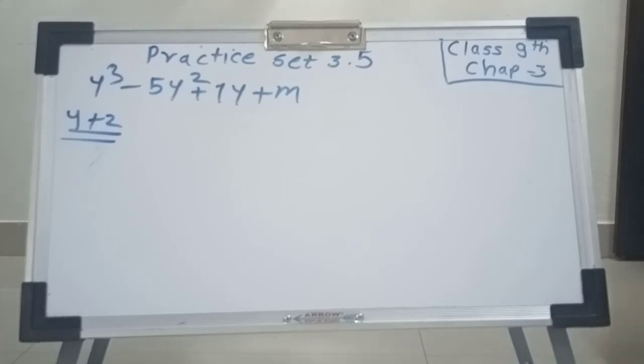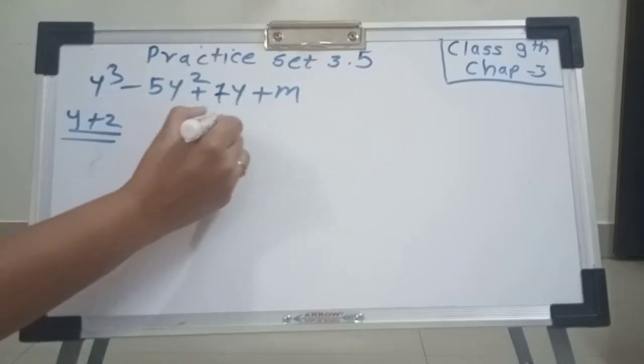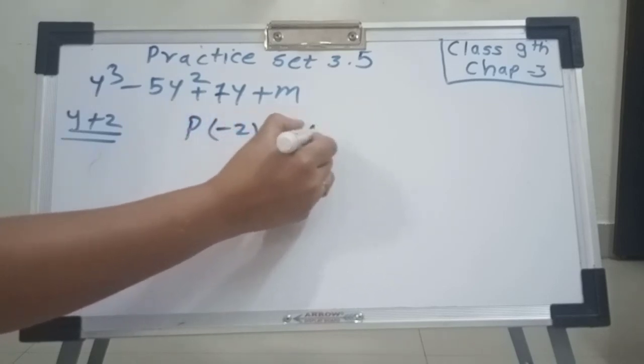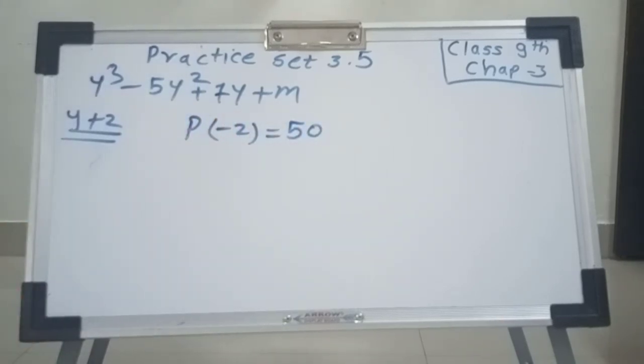Find the value of m. Here the remainder is given, the divisor is given, the polynomial p(y) is given, and we find m. Divisor is y plus 2. Hence p of minus 2 is equal to 50. That is, the remainder is given here.